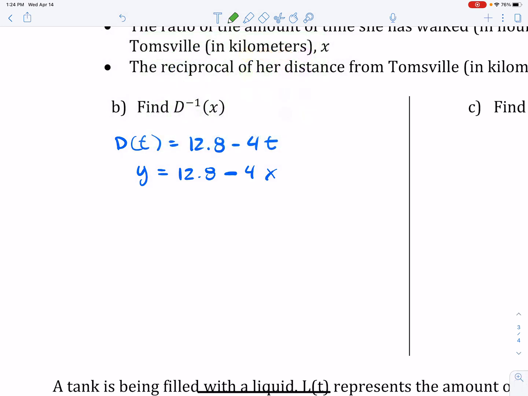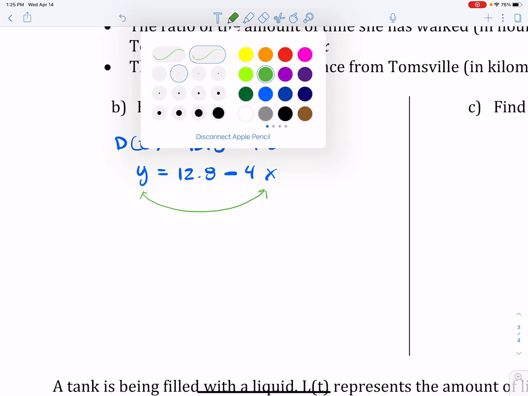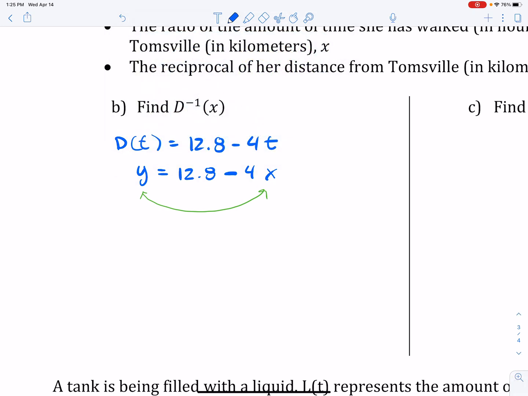And then what we're going to do, like we had in our notes from the previous problem, is switch our x and y's. So what we're getting now is x equals 12.8 minus 4y. We want to solve for y, so it's minus 12.8 from both sides.